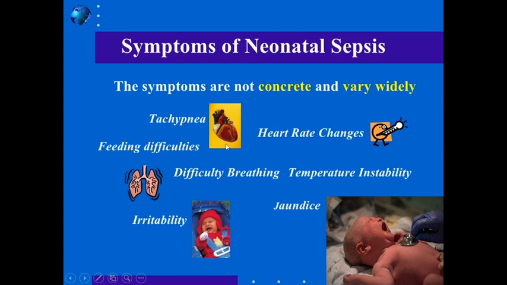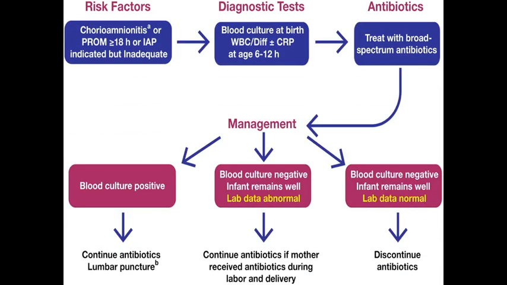Then the heart rate will increase, there will be increased pulse rate, and the mother will find it difficult to feed the baby. Then the baby will show breathing difficulties and temperature fluctuations. The baby will be very irritable and crying, which is unconsolable, and may show features of jaundice also. So these are all features of neonatal sepsis.